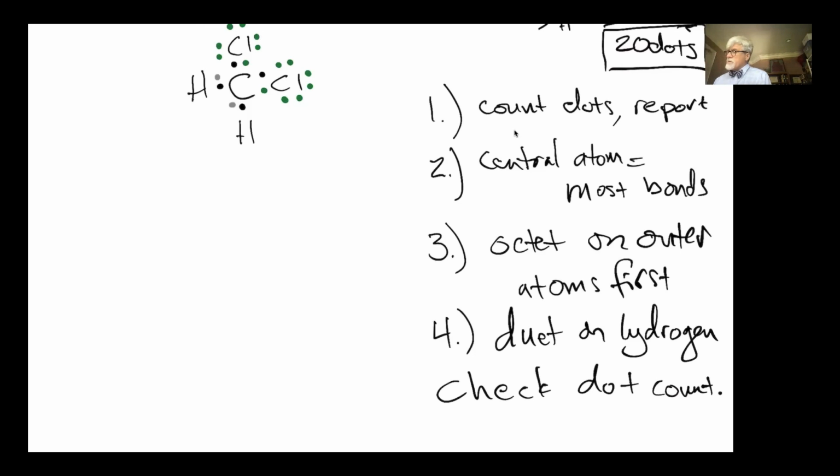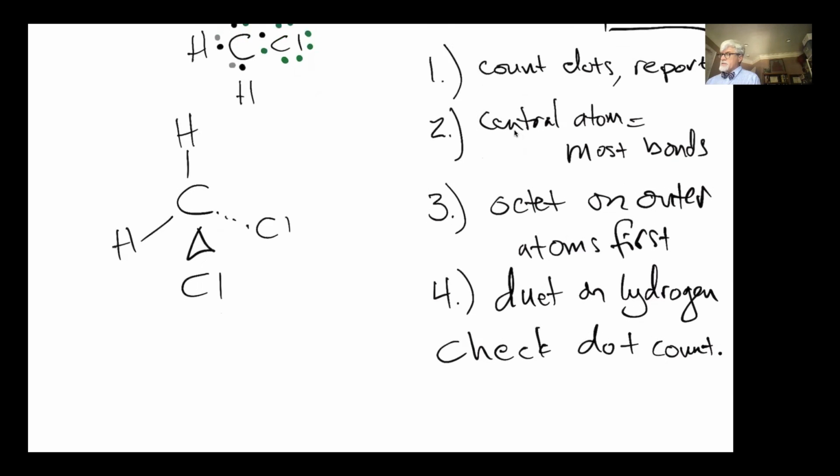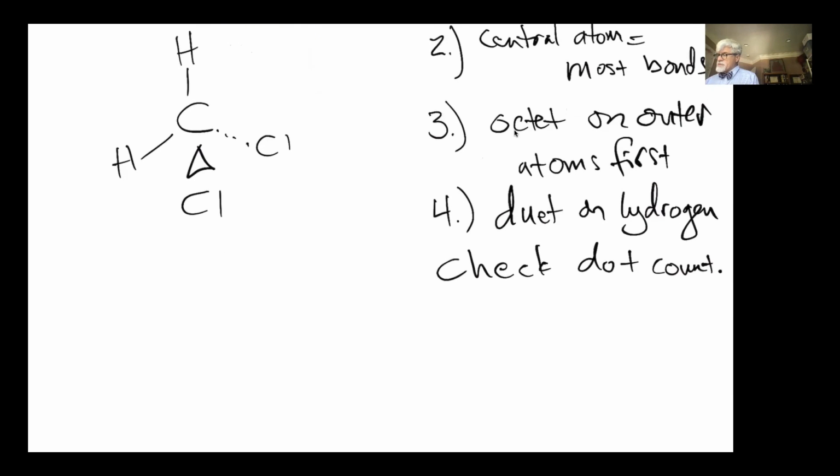Now, the next thing that we're going to do was not asked of this particular assignment. 109.5-degree angles. I have a tetrahedron. I'm going to put hydrogens here and chlorines there, but it would certainly not be incorrect for me to draw this from any particular perspective.